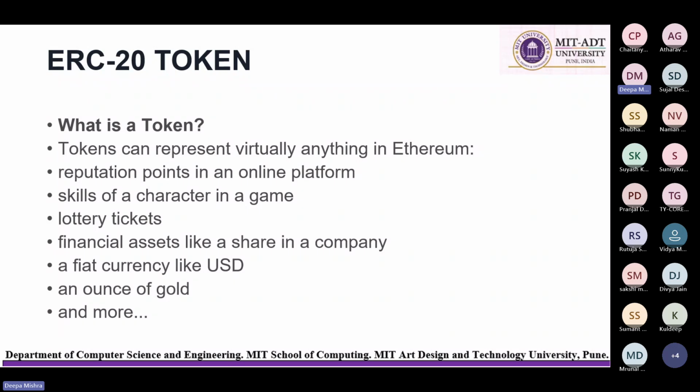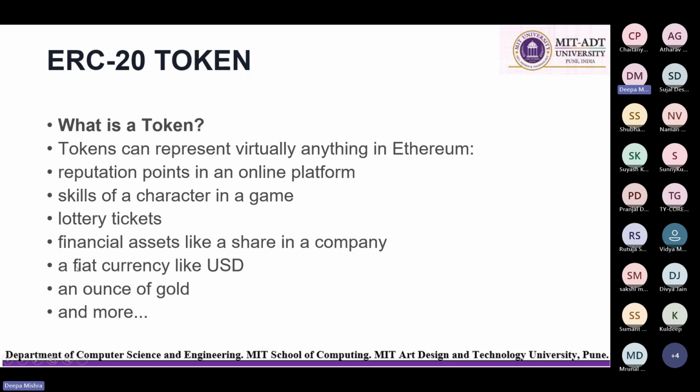So a token basically can represent anything on the Ethereum blockchain. It can be the reputation points in an online platform, or it can be a skill of a character in a game if you're developing a game on top of blockchain. It could be lottery tickets that you want to distribute.